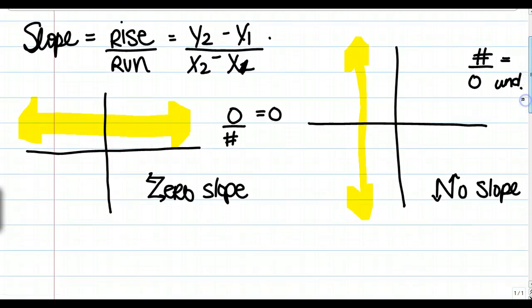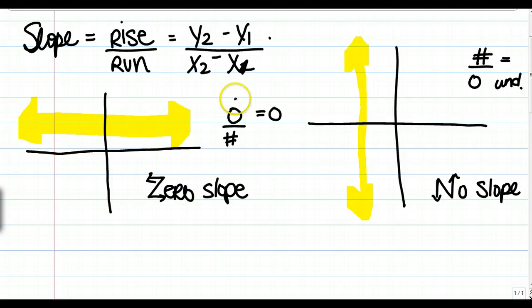There are some special slopes. There's something called a zero slope. So if you ever have a line that you can walk on, that's horizontal, it is zero slope. I try to memorize that because Z stands for 0, and if you write a Z, the line looks like it's horizontal.